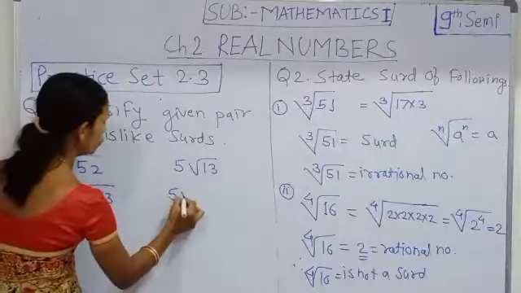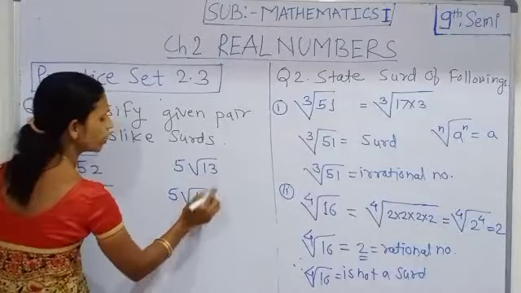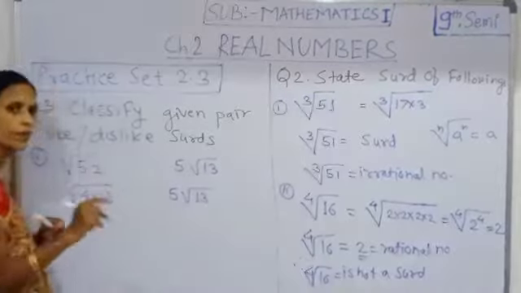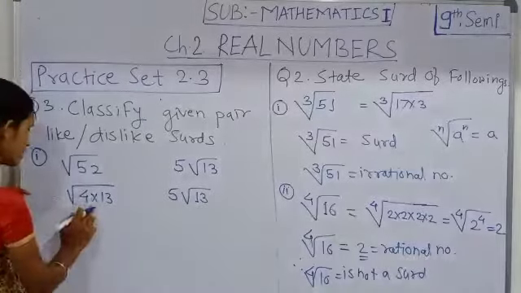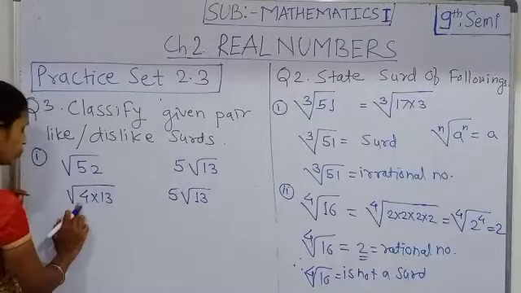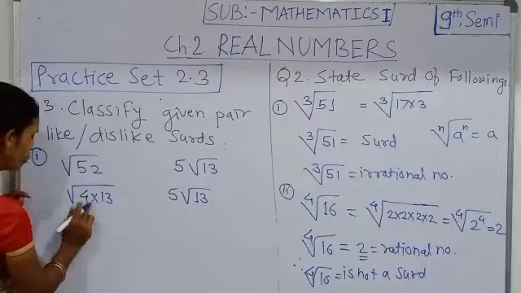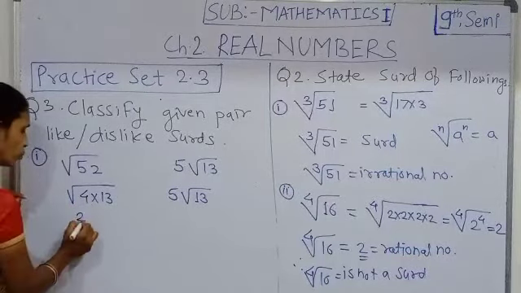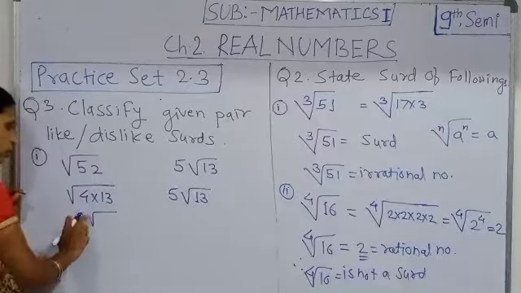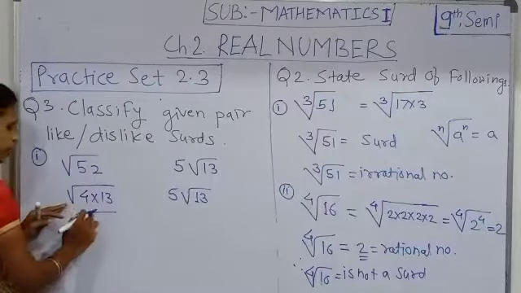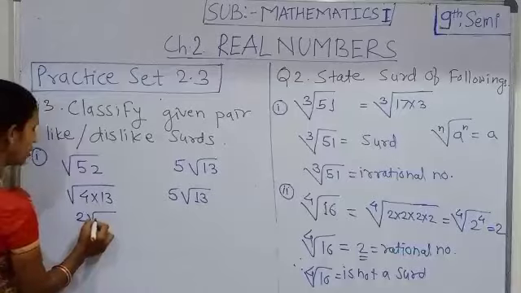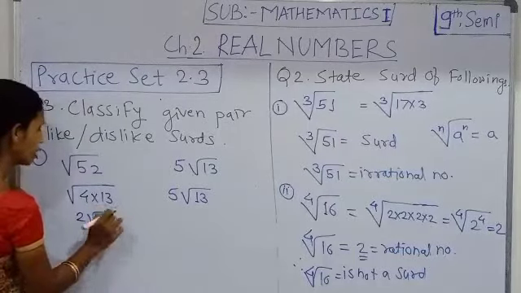And here 5 root 13, 13 cannot be factorized because it is a prime number. Root 52 can be written as root of 4 into 13. The square root of 4 is 2, which is taken outside the root sign, and therefore 2 root 13.